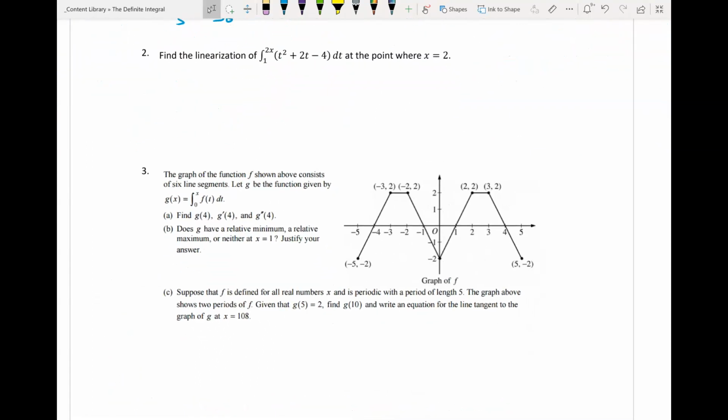Question 2. I want to find the linearization of this integral at x equals 2. Well, we also need the y value of this, so we do want to plug this into the integral to solve for that y value.